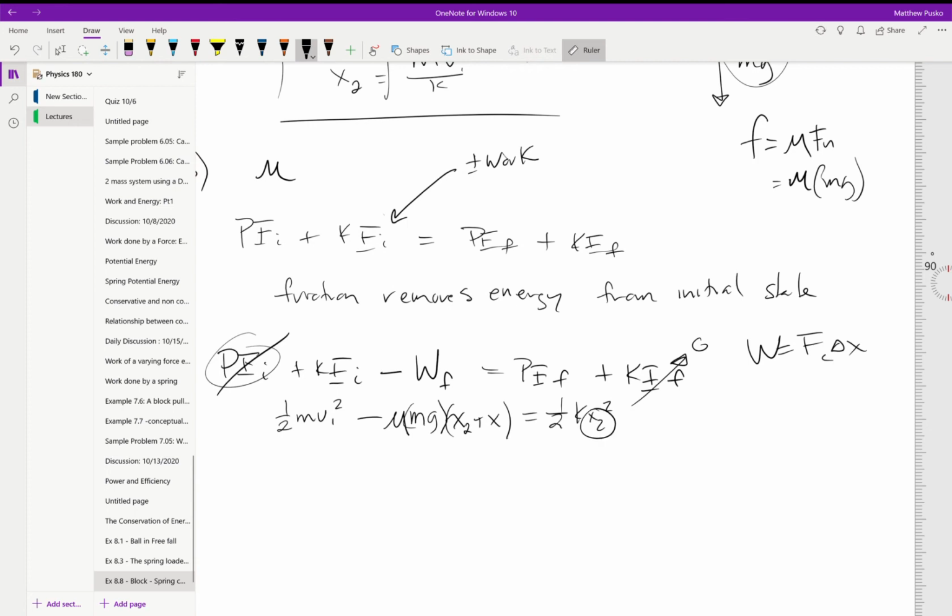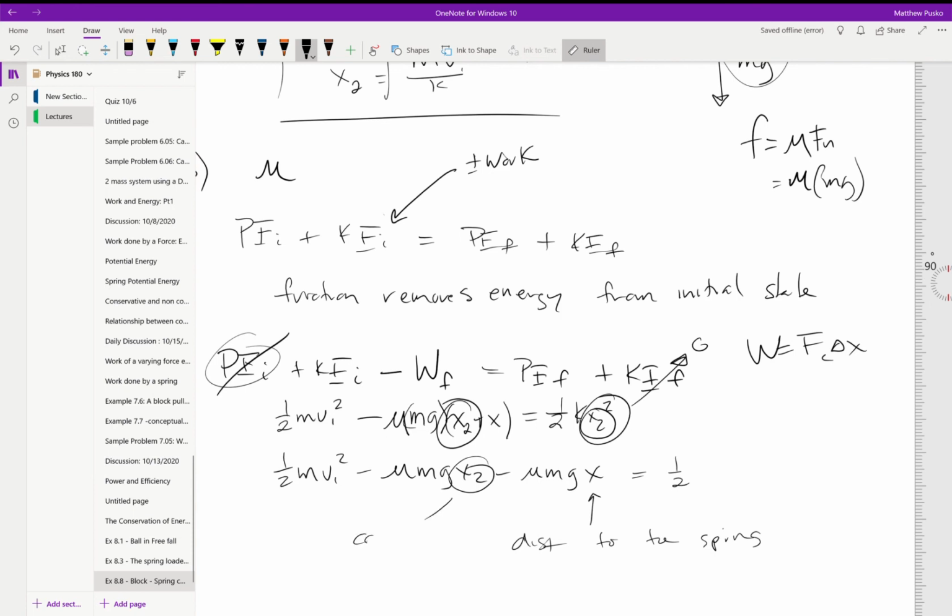We have x squared and we have x, right? 1/2 mv initial squared minus mu mg x2 minus mu mg x is equal to 1/2 k x2 squared, and x is a value that we would know. They would give us the distance to the spring.